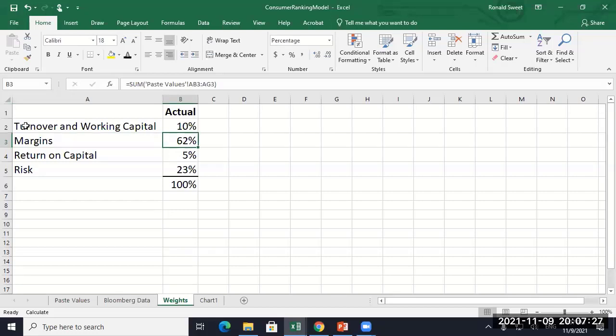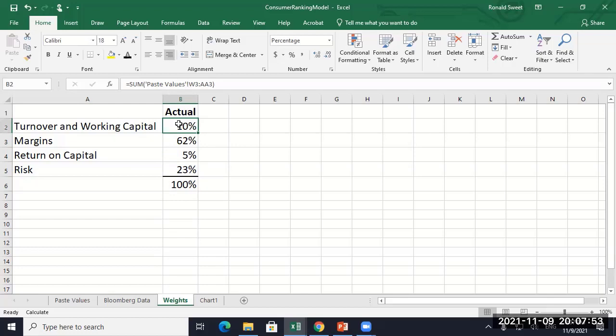I wanted at least 25% there, but it gave me 63%. That makes sense for retail, that margins were going to be king there. I wanted something on return on capital. I would have liked that to have been higher, but I forced it up to 5%. And then I wanted something on risk, definitely. So I've got the different categories. I forced it to do more. The original model did everything, the margins and risk, and then nothing on turnover. I don't see how you can ignore turnover for retail.